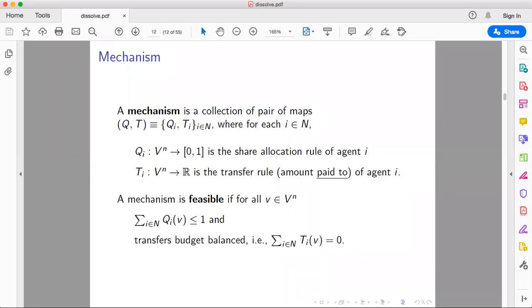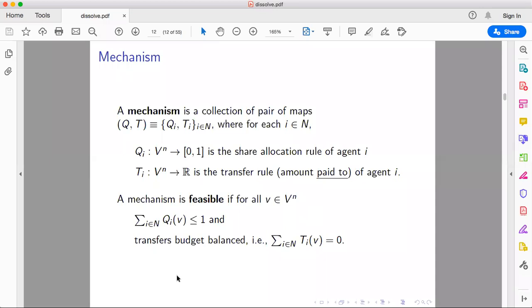And we'll always assume that these things are feasible, in the sense that the sum of Qi(v) is less than or equal to 1 and transfers are budget balanced, so the sum of Ti(v) is equal to 0. As you will see later, this is not really required. In fact, if the sum of Ti(v) is less than or equal to 0, then everything that I'm saying will also go through. But this just makes life a little easier in terms of calculations and so on.